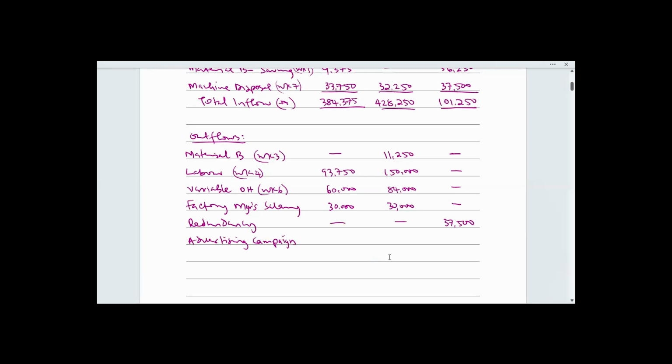On the third paragraph, for the option to produce 25,000 units, the advertising campaign is 37,500. For the option to produce 35,000 units, the advertising campaign is 52,500. So here is 37,500, 52,500. Let me confirm. Yes, correct.